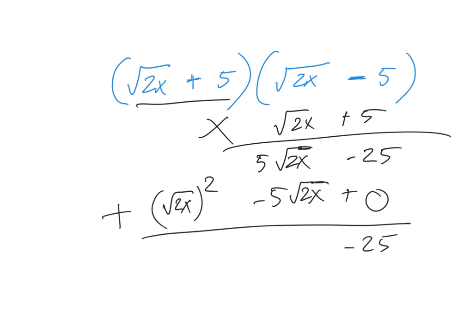Make sure I keep those both underneath because it's all under the square root. It's the identical thing, but adding the inverse, so that adds to 0. And then I have something square rooted that's then squared. Something square rooted that's squared is the same. Again, they're inverse operations, so I'm left with 2x. So my final answer would be 2x minus 25.